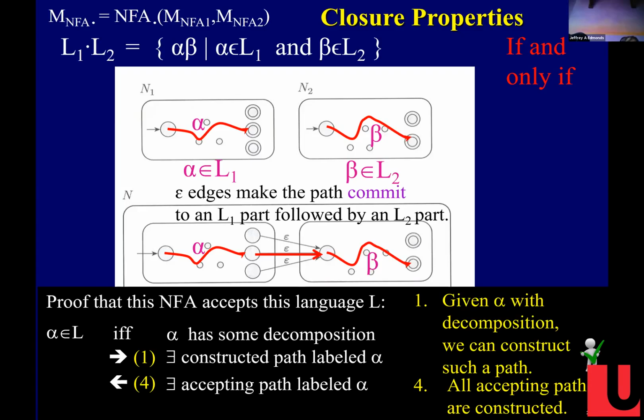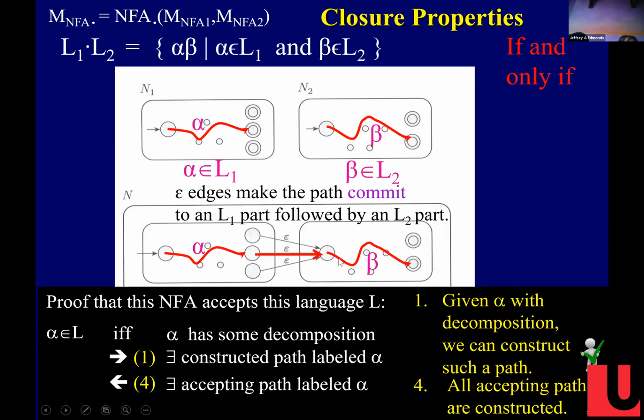And why do I say it's a commitment? Well, it's a commitment because once you do it, you can never come back. You can read alpha in L1 as long as you want. But in order to move over to L2, you have to get to an accept state of L1, and you have to commit by going over one of these epsilon transitions.